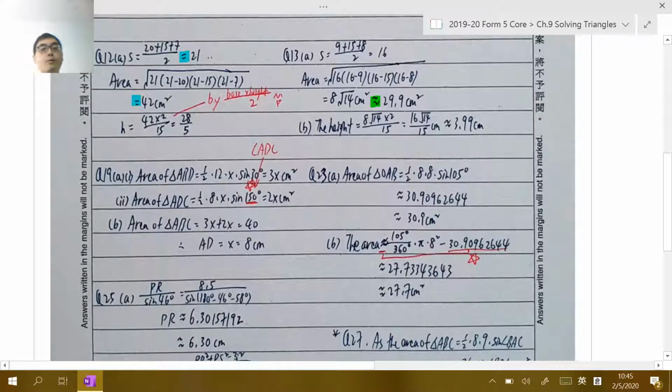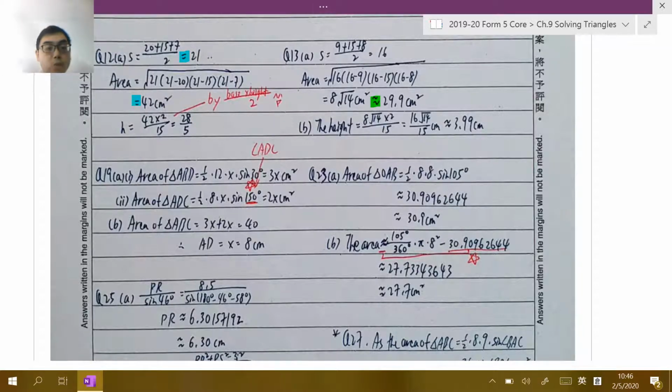I could see not everyone could follow this, but try to follow, because in DSE it may not deduct your marks, but if you write all the symbols properly, you can check easily what you are doing by yourself. So this is what I want to remind you.